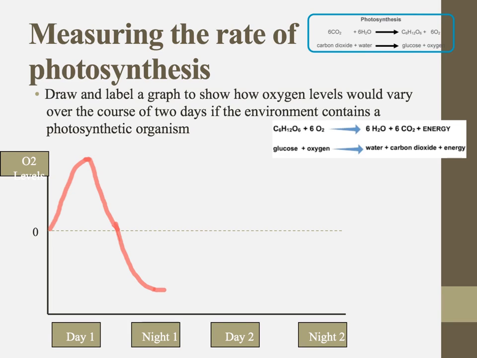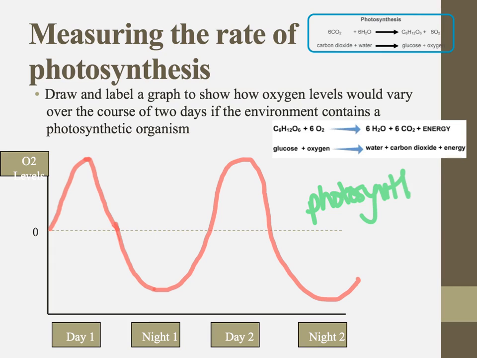When the light comes back, the oxygen levels are going to rise, and when the light goes away, they're going to dip down again. So here are the areas where we're doing photosynthesis and cellular respiration, but down here, this is only cellular respiration. We can't do photosynthesis because there's no light.